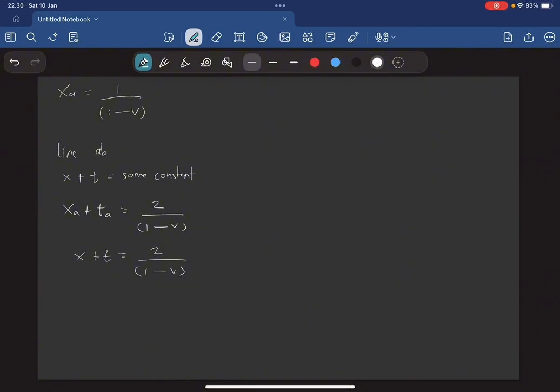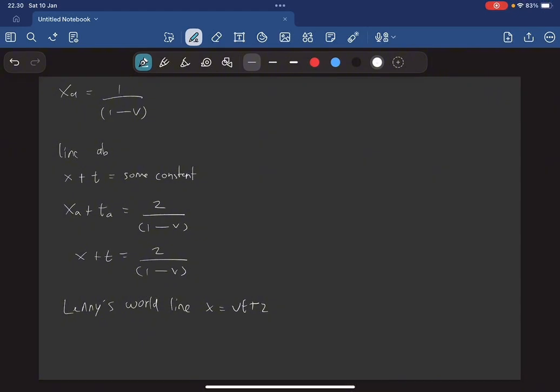Now we can find B's coordinates by solving the simultaneous equations for line AB and for Lenny's world line. Lenny's world line is x equals vt plus 2, which we write as x minus vt equals 2.